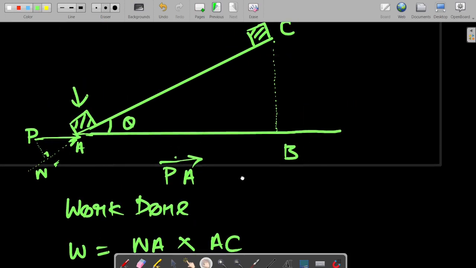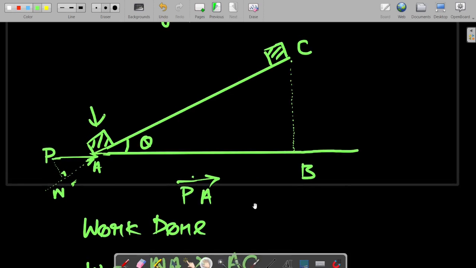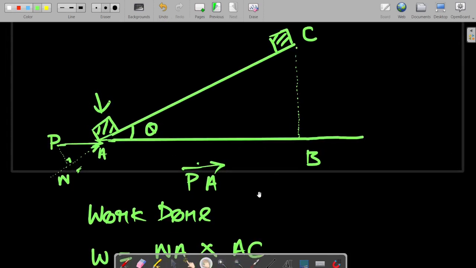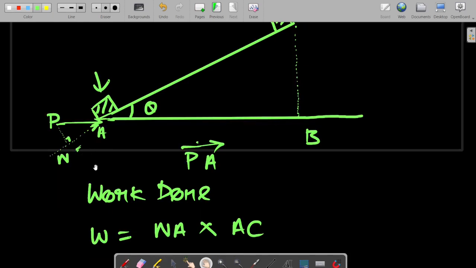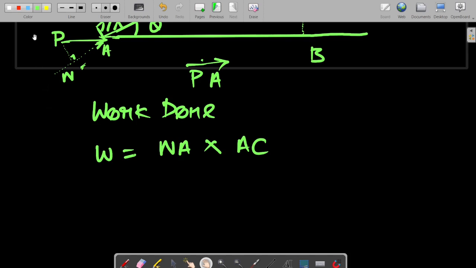CB is perpendicular. What is the magnitude of NA? As we all know, cos theta is base upon hypotenuse.